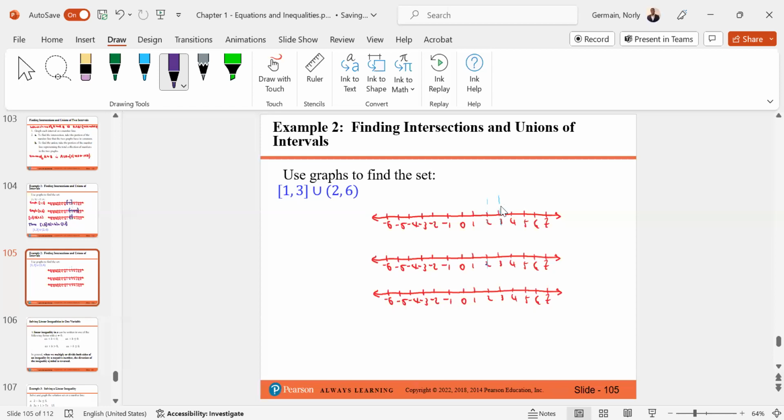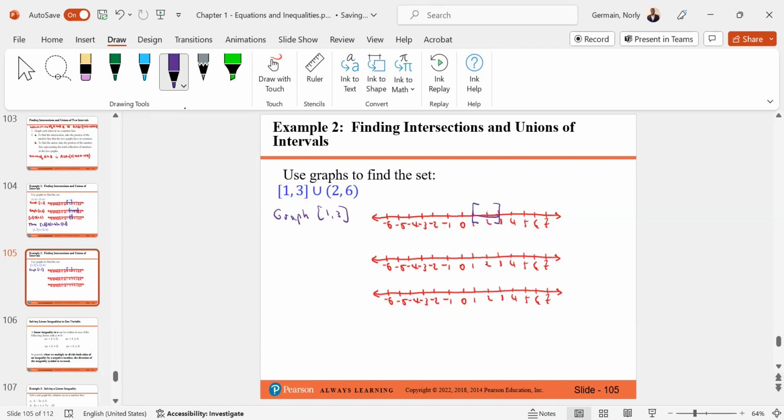So you know what? I didn't have to erase the graph. I think we're good. The first one, remember how we graphed it? We graphed the closed interval [1, 3]. We do 1 and 3.